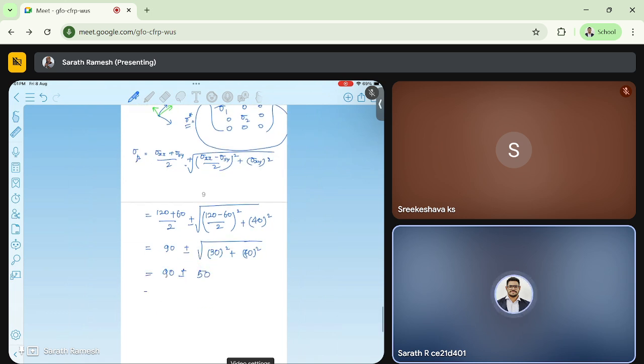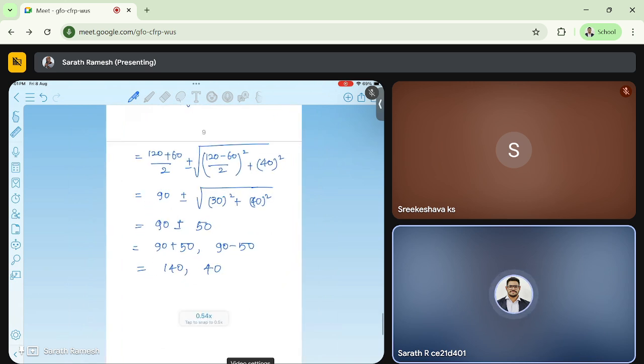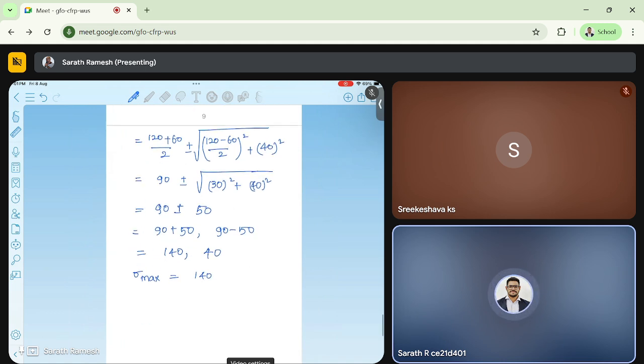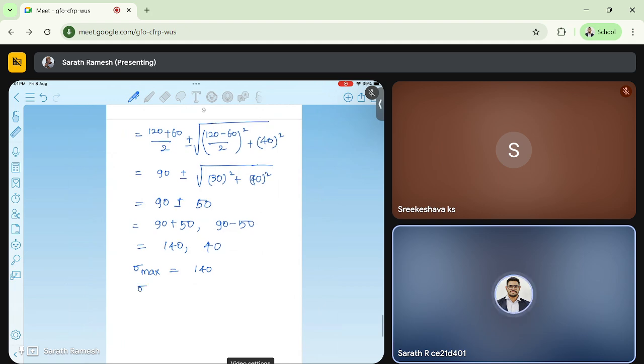This is equal to 90 plus 50 and 90 minus 50, so 140 comma 40. So the maximum principal stress, or maximum normal stress, is 140. Unit is megapascal or whatever unit is given in the question. Sigma min is 40.